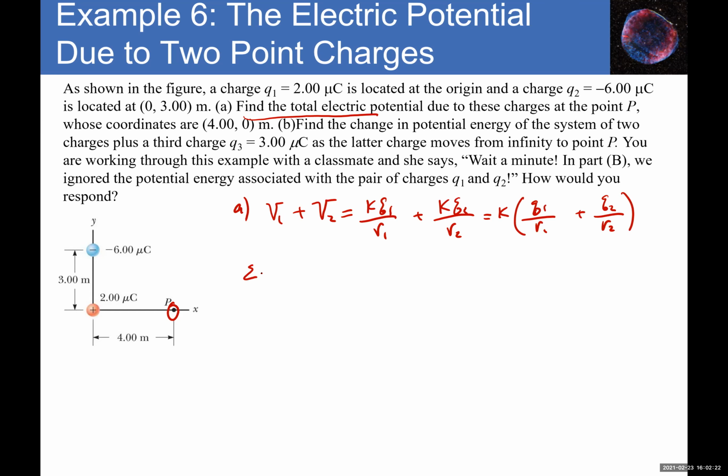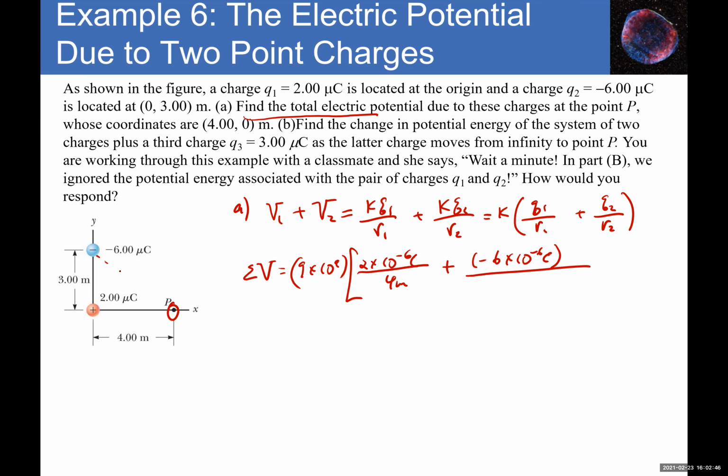Then I say, all right, so the net potential is equal to 9 times 10 to the 9. Then Q1 is 2 times 10 to the negative 6 coulomb over the distance of 4 meters. R1 is 4 meters. Then plus negative 6 times 10 to the negative 6 coulomb divided by R2.